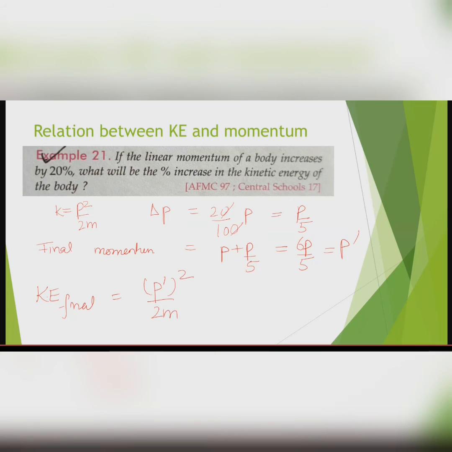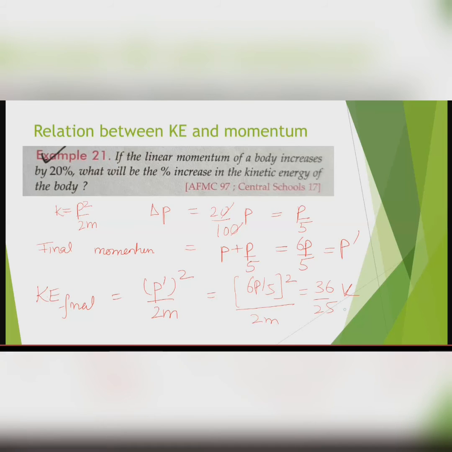Did you understand this? So now we'll put the value of P prime. That would be 6P by 5 whole square by 2m. So I get 36 by 25K. So this is my final kinetic energy.